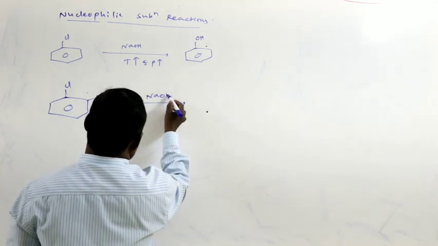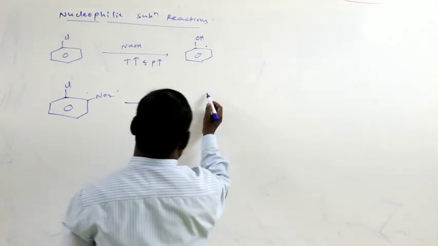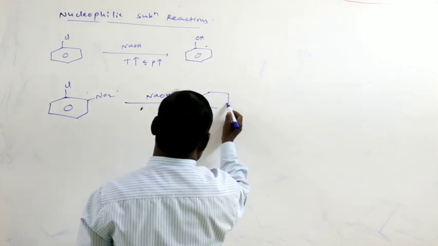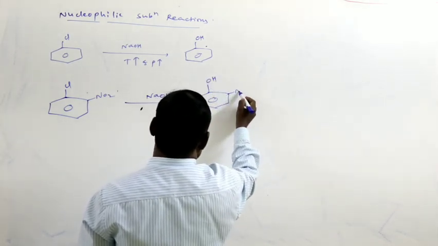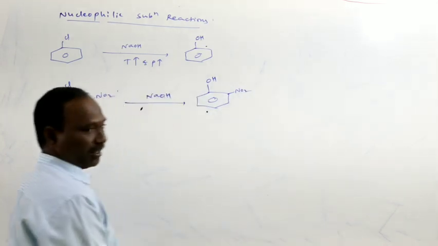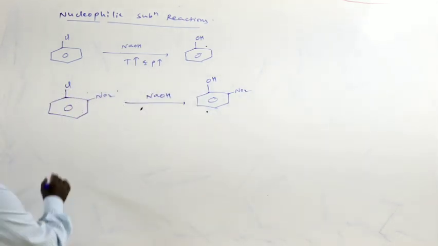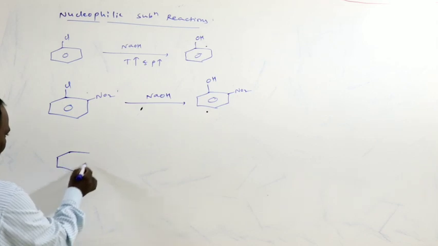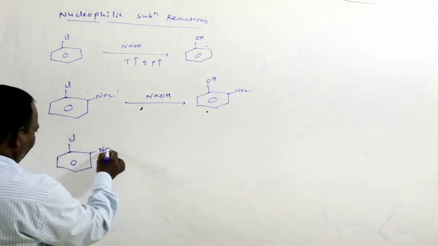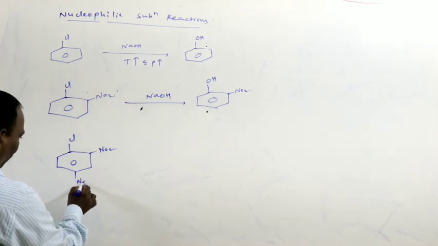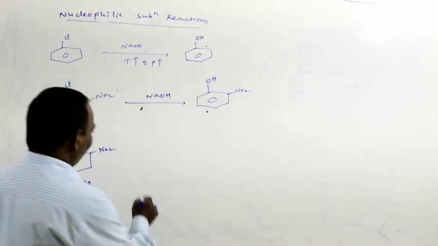So here with NaOH, this chlorine is replaced by the OH group. It is the best example of a nucleophilic substitution reaction, giving orthonitrophenol.